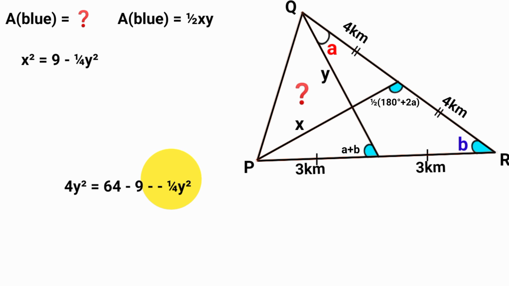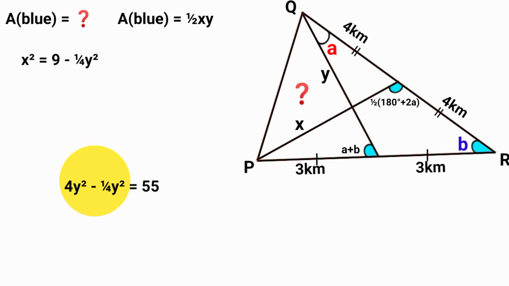Minus 1 over 4y squared is plus 1 over 4y squared. 64 minus 9 is 55. So 4y squared equal to 55 plus 1 over 4y squared. Take 1 over 4y squared to the left. So 4y squared minus 1 over 4y squared equal to 55.